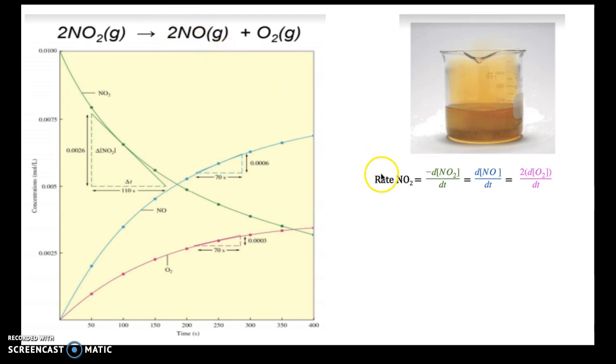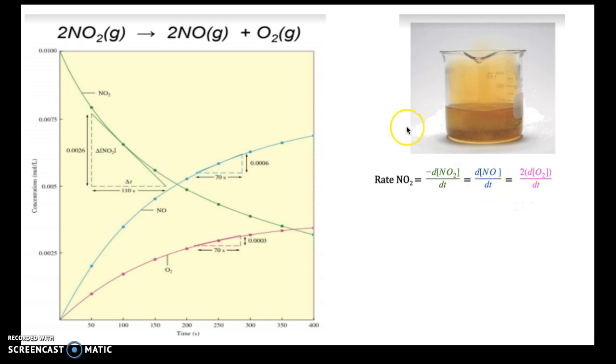And what we tried to do last time is we took a rate with respect to a certain species. In our example, we looked at the rate with respect to NO2, and we tried to figure out what would be the equivalent instantaneous rate expressions for all three species. So for NO2, this will be the rate expression, and the equivalent one for NO would be the same, except NO would not have the negative since it's a product, not a reactant.